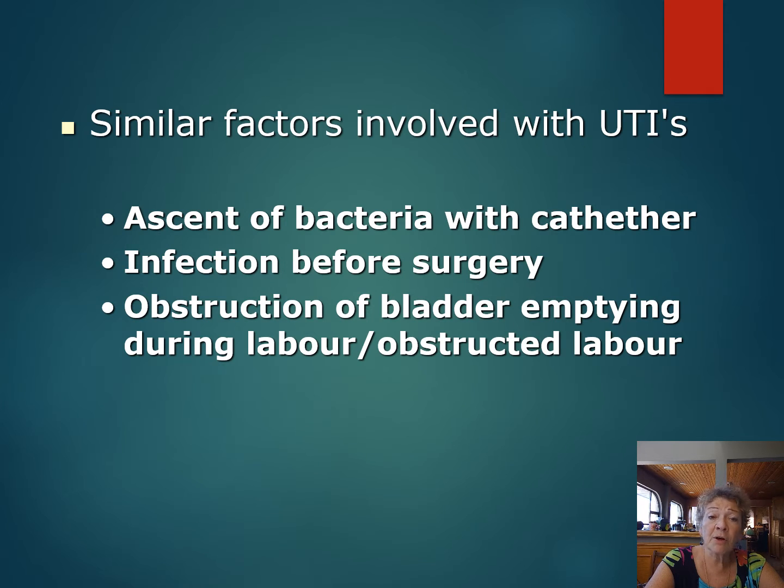When you think of it, there are some similarities. When you put the catheter in the bladder, for example, you actually give the bacteria a conduit from going from the exterior part of the urethra up into the bladder. You can also actually have an infection that's present before surgery, and of course this can be made worse by the presence of the catheter.